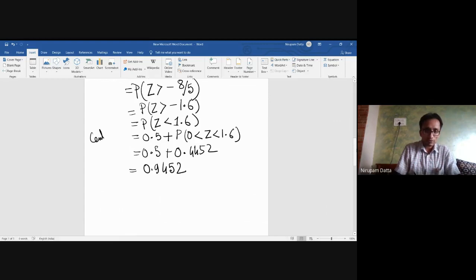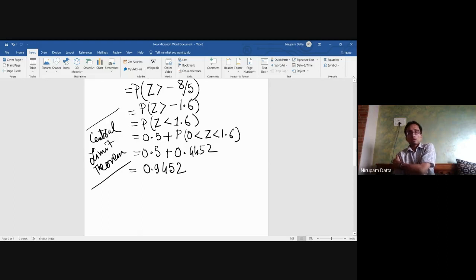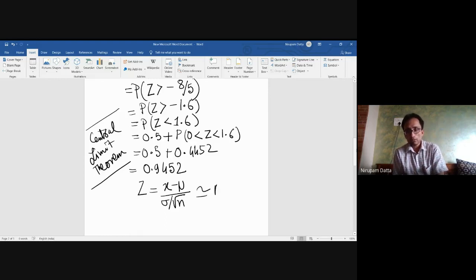Using the central limit theorem, even if a distribution is not normal or we don't know anything about the distribution of the random sample, using the standardized normal variable, x bar minus mu by sigma by root n, which is asymptotically normal with mean 0 and variance 1, we can calculate the probability of the standardized normal variable taking different values.